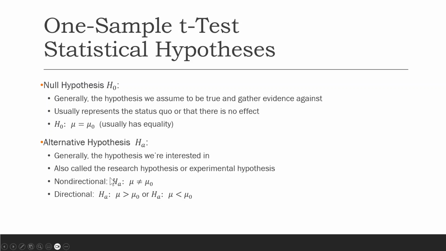You can either have a directional one or a non-directional one. But every research question is going to have one alternative hypothesis. So one null and one alternative. You get to choose based off of what you hypothesize, what the literature has said, which one you're going to use in your study.